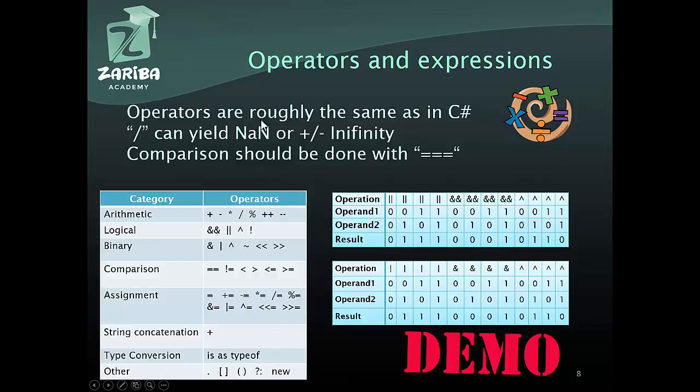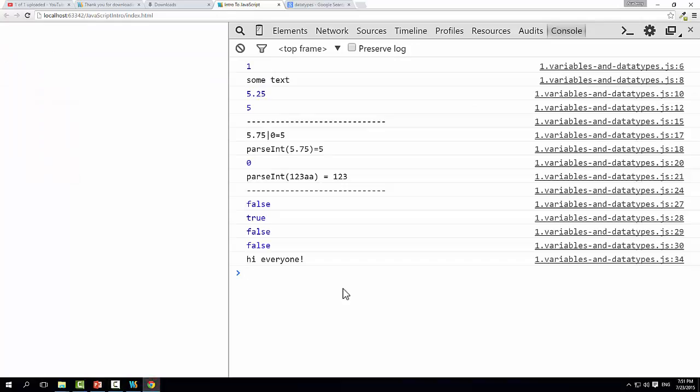The one thing that's a bit different is that comparison should be done with the three equal signs, because that compares both the value and the type. So if I compare something like true equals 1 with two equal signs, that should give me a true. I'm not sure, but you can get some errors like this. So just to check, if I compare this to 0, it's going to be true.